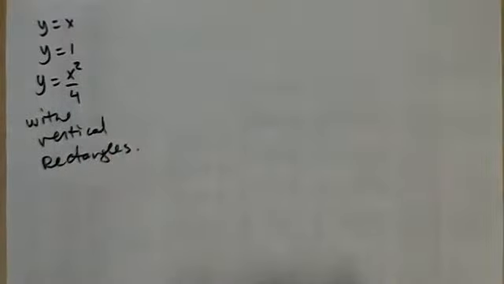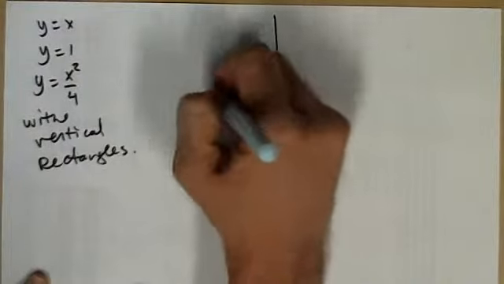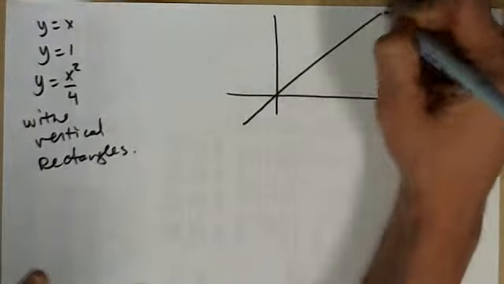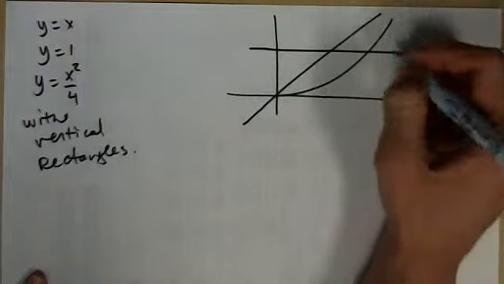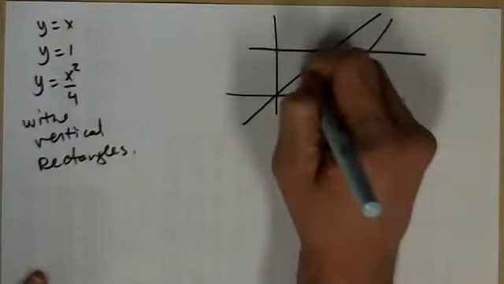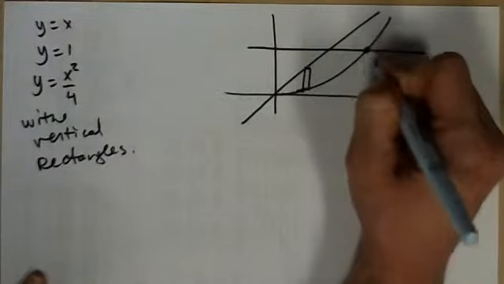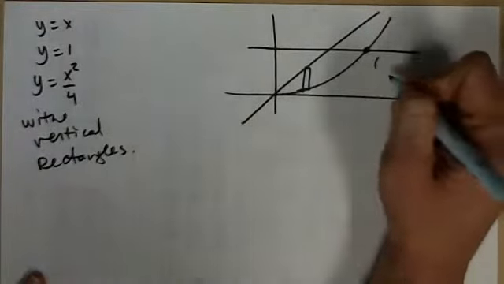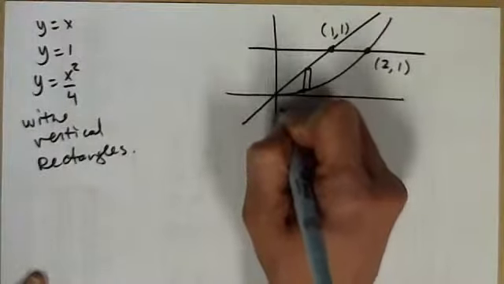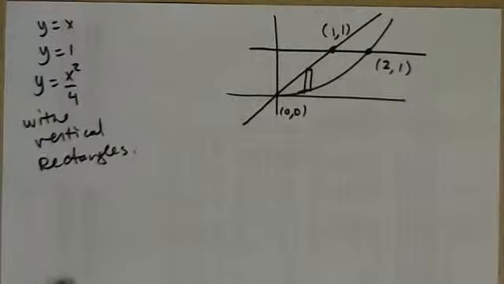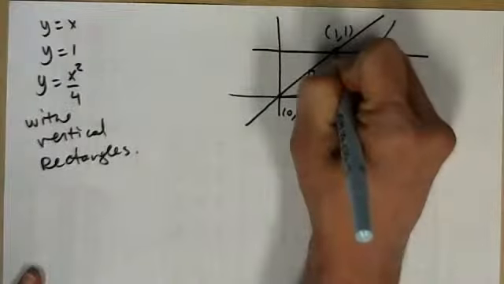With vertical rectangles: y equals x, y equals 1, y equals x squared over 4. This point over here is x equals 2, y equals 1. This is my 1, 1, and 0, 0.